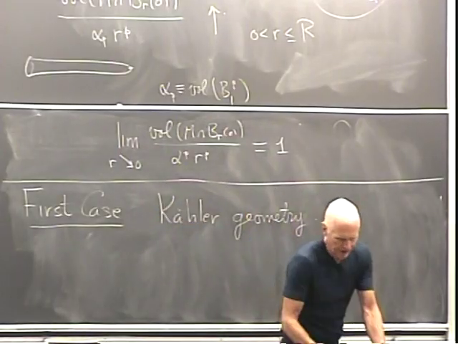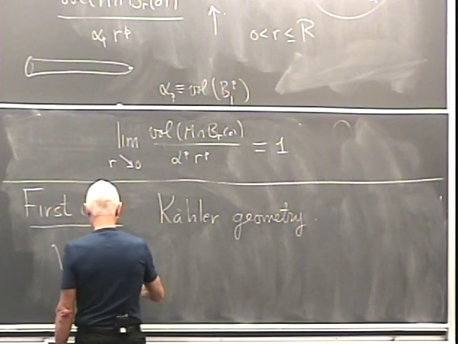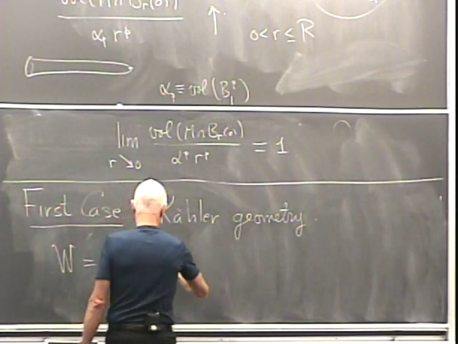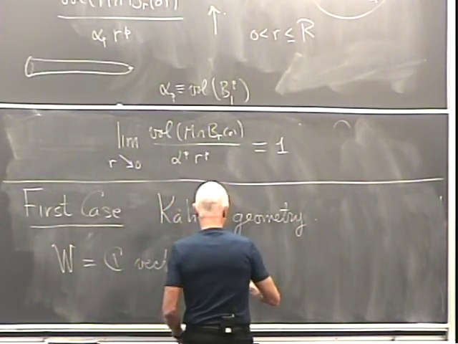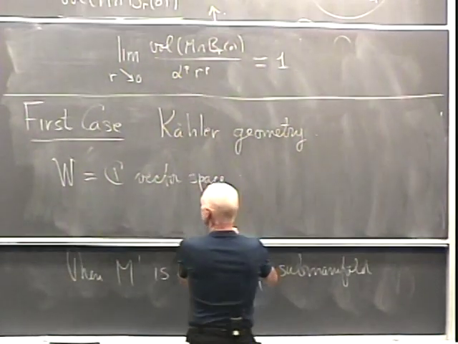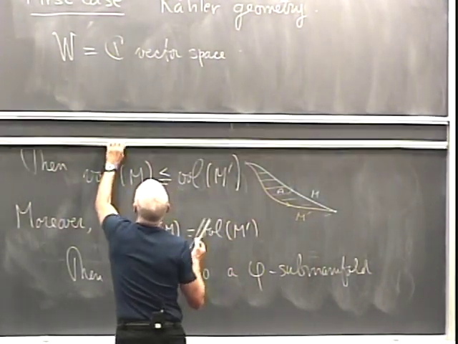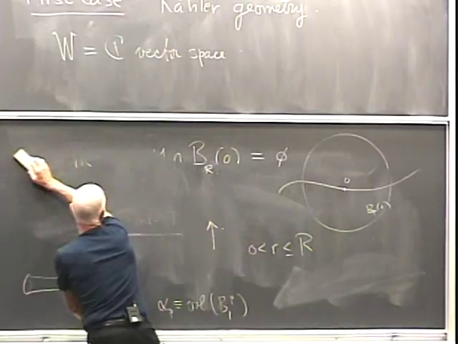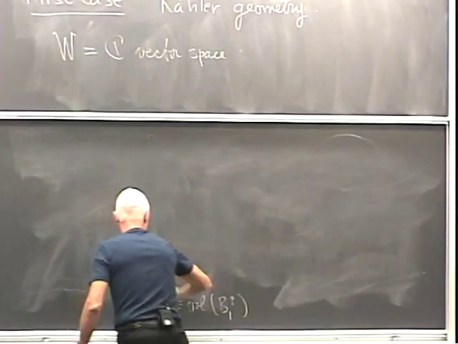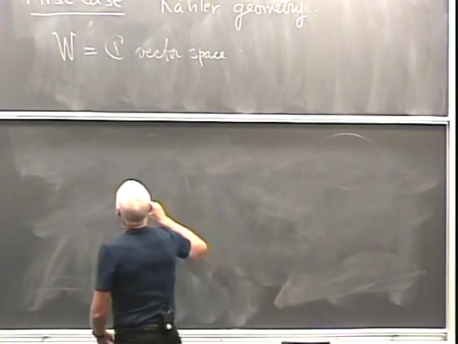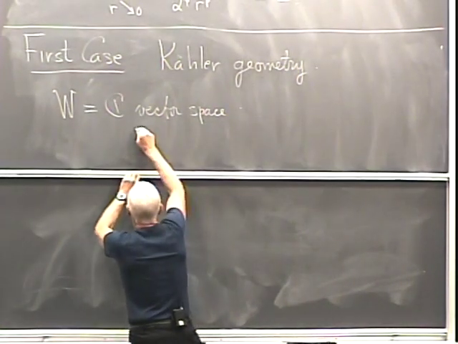So I'm going to go back to just linear algebra. Let W be a real vector space. Well, this is a complex vector space, and I want to think of this as a real vector space with complex structure J, with a Hermitian inner product.